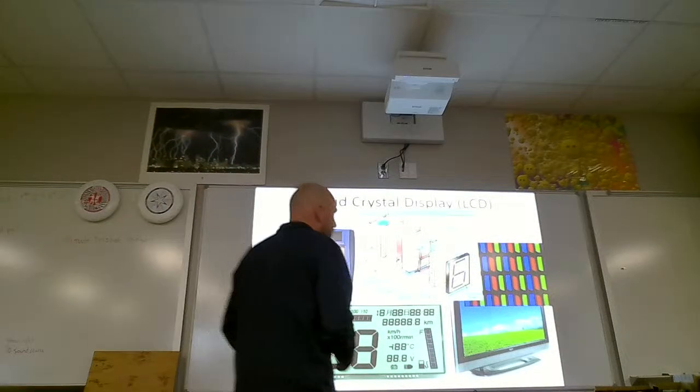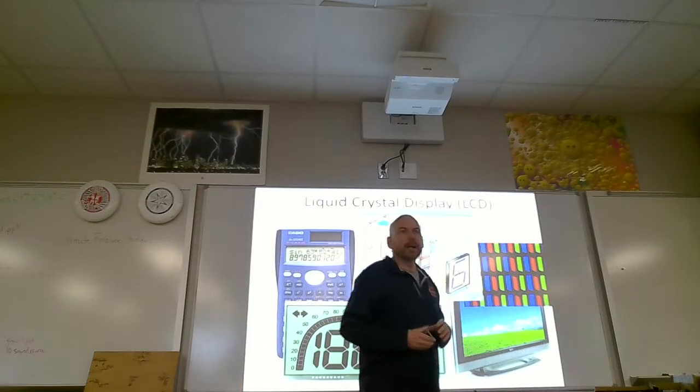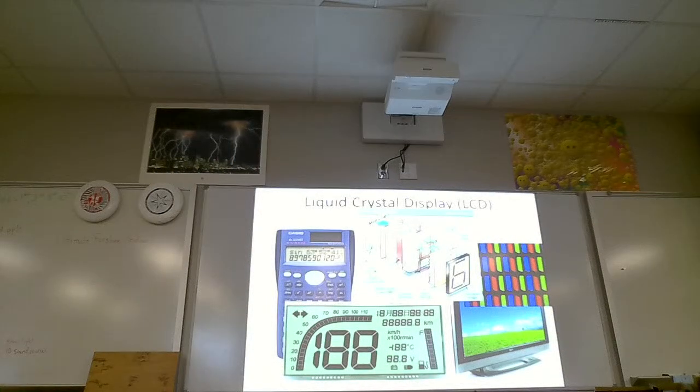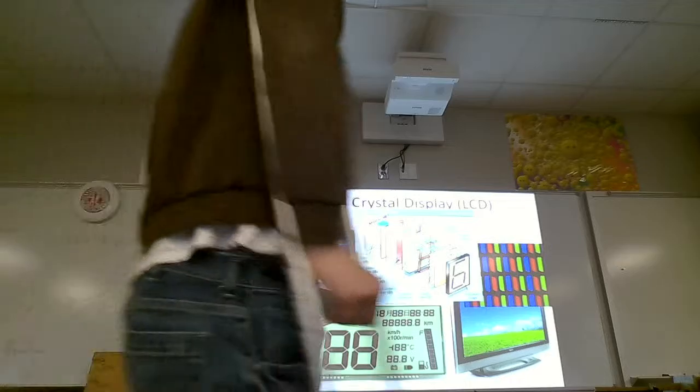If you look at your cell phone, calculators, liquid crystal displays, LCD, those are polarized. So pull out your phone, rotate it, look at the screens. Some of the pixels are polarized, so depending on the design of the calculator and the screen of your phone, you're gonna get different colors coming out.